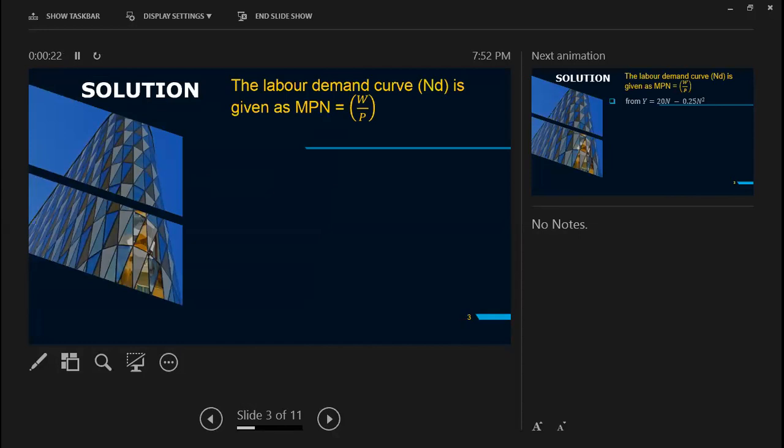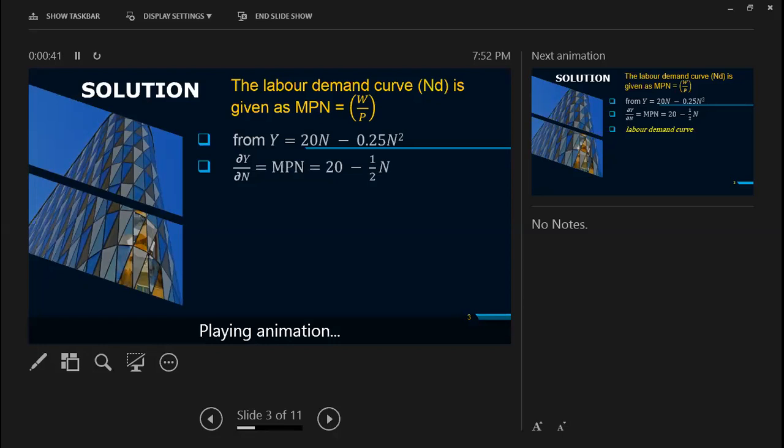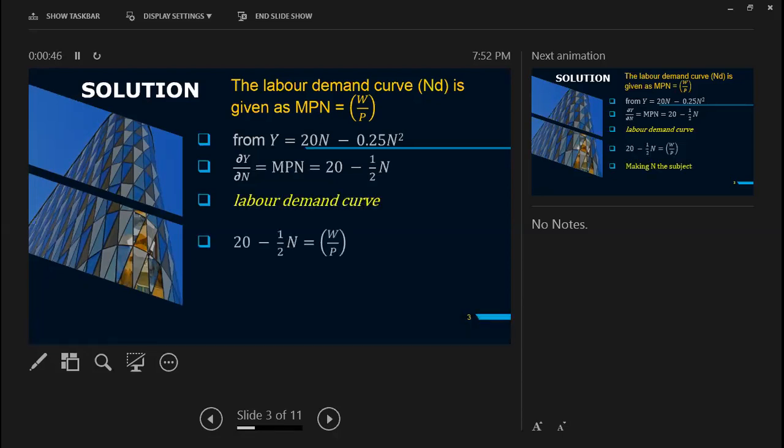Yes. Okay, good. So this is what I was talking about. From the production function, first you find dy/dn, which is your MPN. This is 20 minus 1 over 2n; we had 2 times 0.25, so you get 1 over 2. Then to get the labor demand curve, we equate the MPN to the real wage.